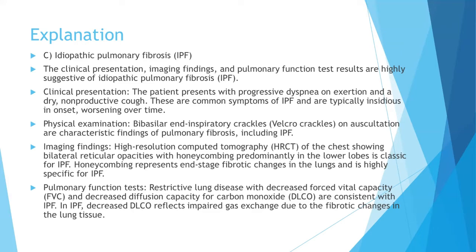High-resolution CT scan of the chest showing bilateral reticular opacities with honeycombing predominantly in the lower lobes is classic for IPF. Honeycombing represents the interstitial fibrotic changes in the lungs and is highly specific for IPF. Pulmonary function tests showing restrictive lung disease with decreased forced vital capacity and decreased diffusion capacity for carbon monoxide are consistent with IPF.